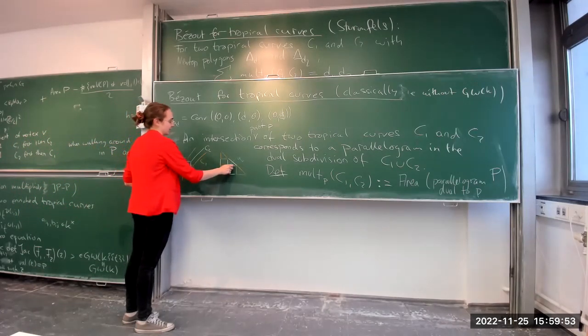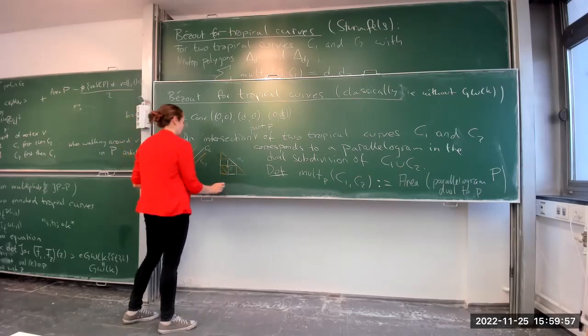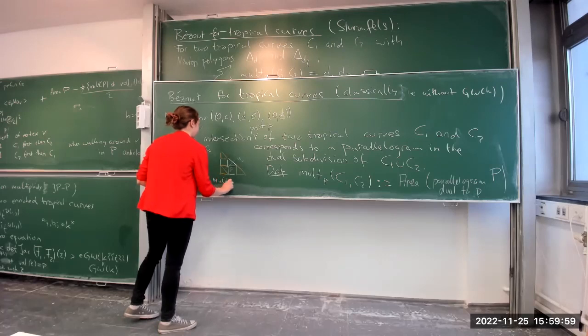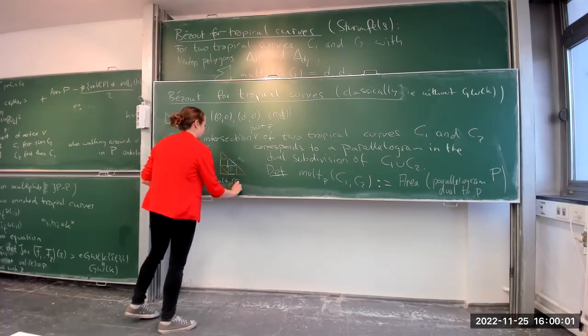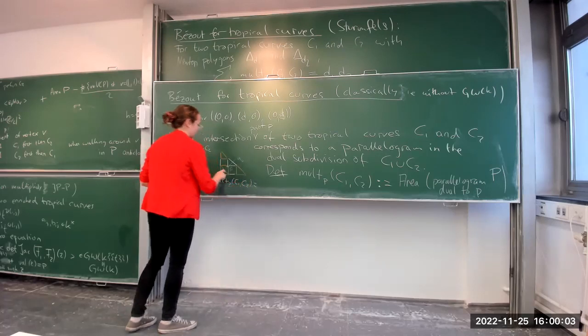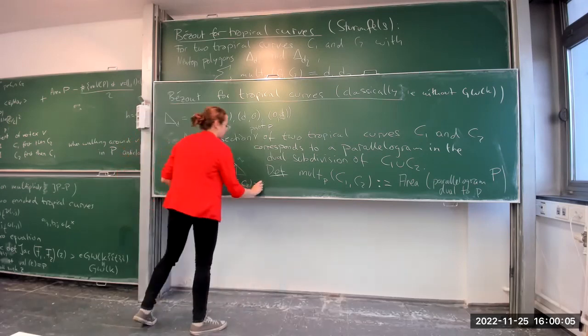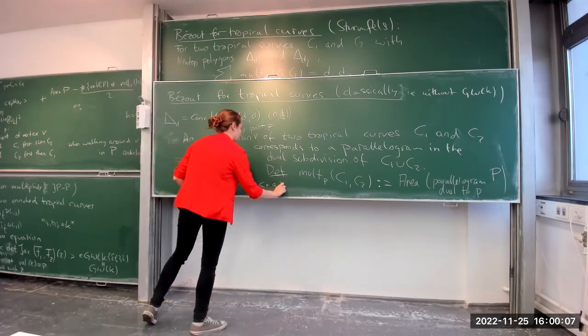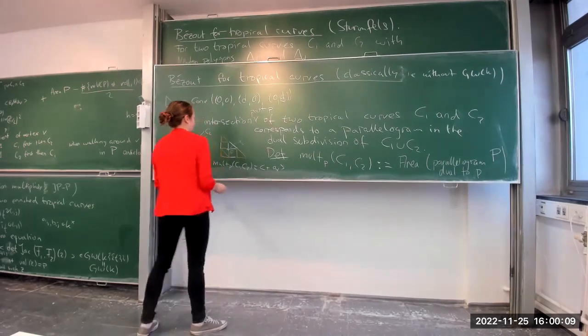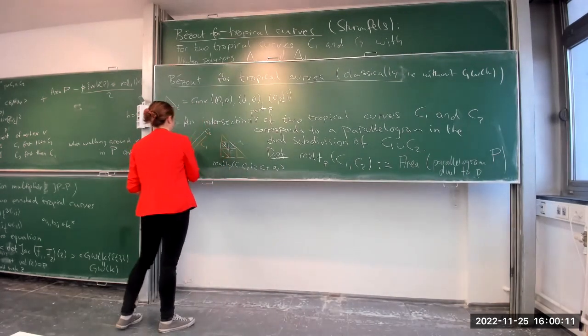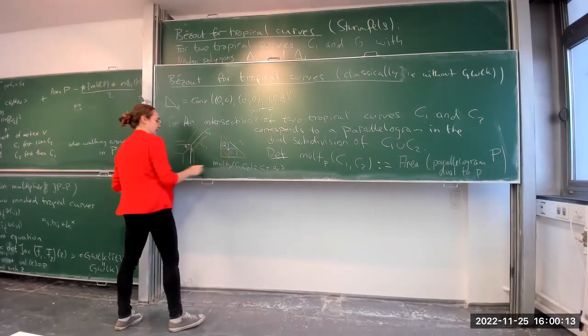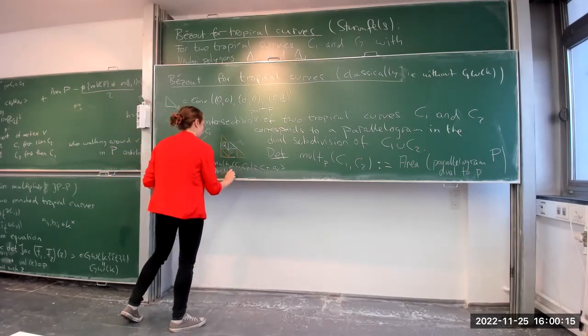So I walk like this around B inside of here. So first comes C1, then C2. So here, the multiplicity at P is first C1, then C2. So it's plus A_B. Let's maybe also do the other one. Let's call this Q. It's only a little q. Then the multiplicity at Q.